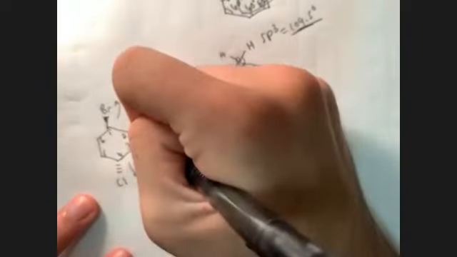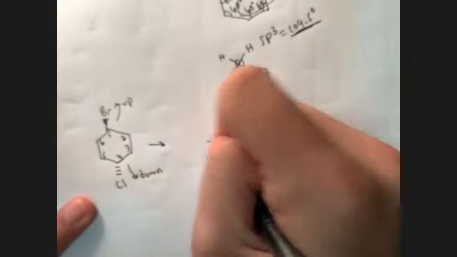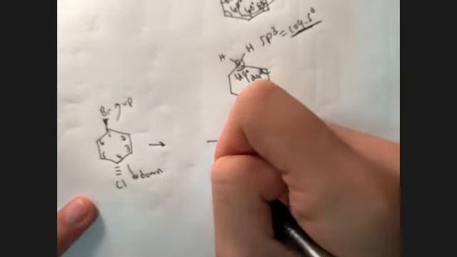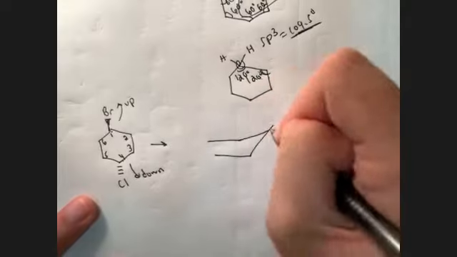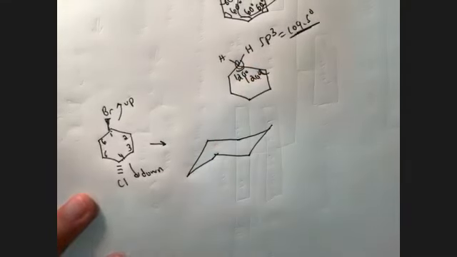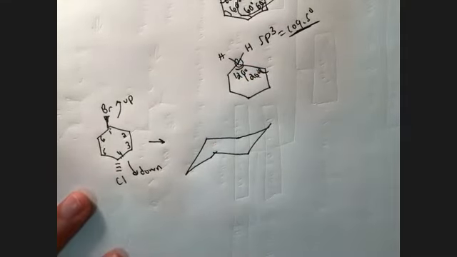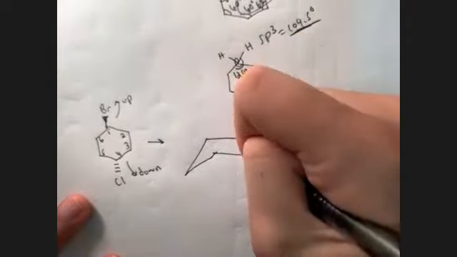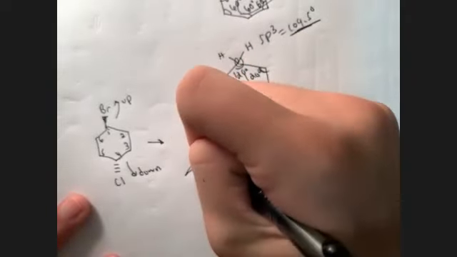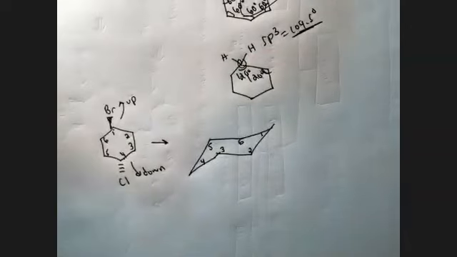So let's imagine that. I'm going to draw an arrow that says up, and an arrow that says down, okay? And you guys are going to have to get better with drawing these, okay? But that's what a chair looks like. And I'm going to fill in these numbers, and that just takes practice.